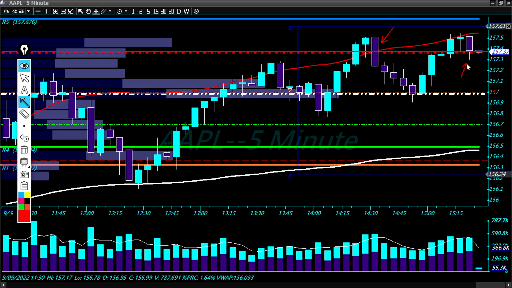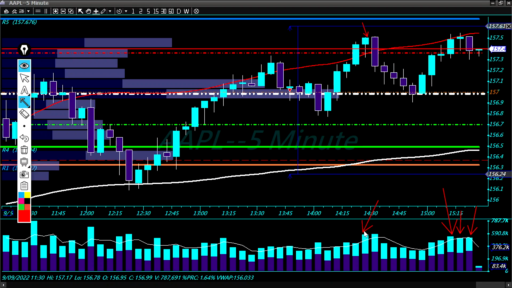Let's see how that candle responds. All of this is with heavy volume too, so it might be some profit taking happening up at this level, because all of this is happening with heavy volume, but it's not breaking the level.